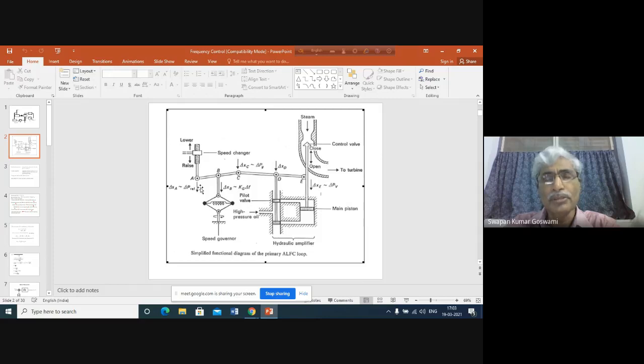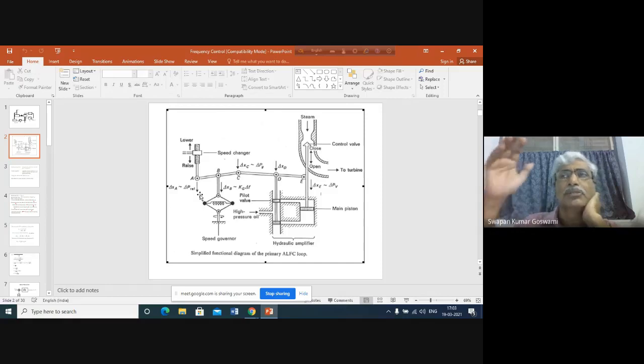So our intention is to develop the mathematical model in terms of delta PC, the power increase command, in terms of frequency change delta F, and in terms of the change in the opening of the steam valve. Okay, so you see that the change in the position of A is better for us, because our intention is to represent it through the change in the power increase command.